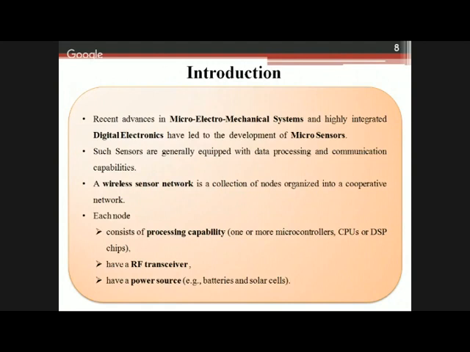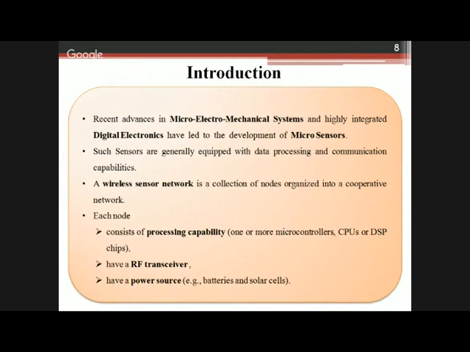This is the key thing: if I have to go through with any application specific design, then these sensors are deployed in that particular area where I have to sense something or do some task. They are deployed there, and together they perform an application specific task in an organized manner. So they are forming a network, and that network is called your wireless sensor network.